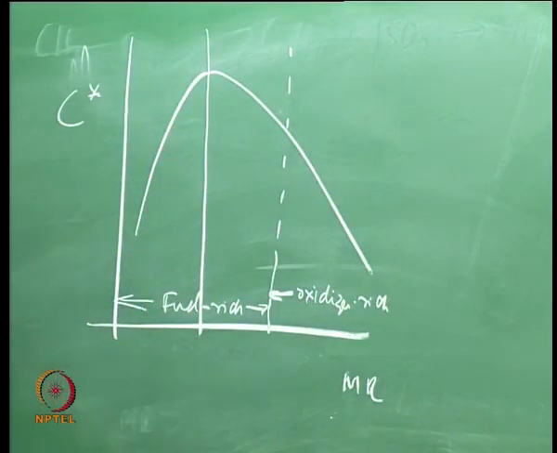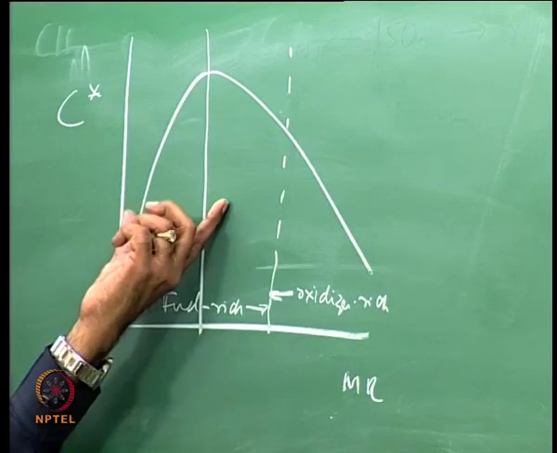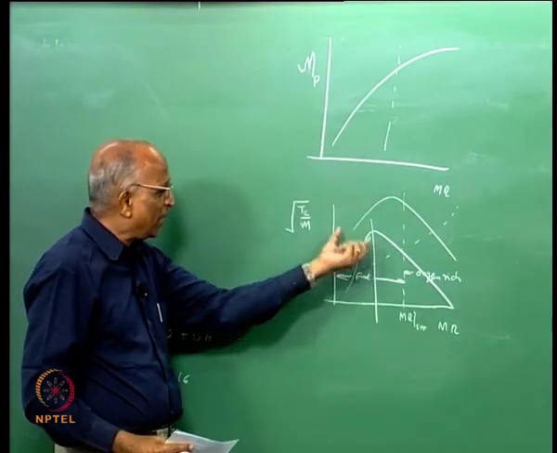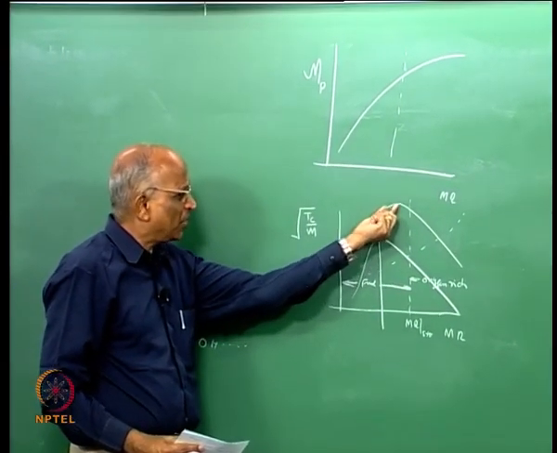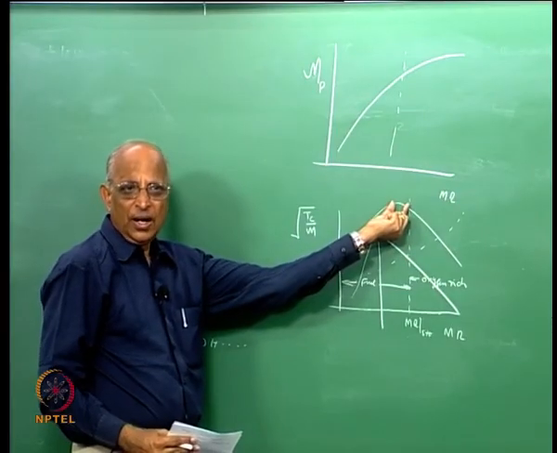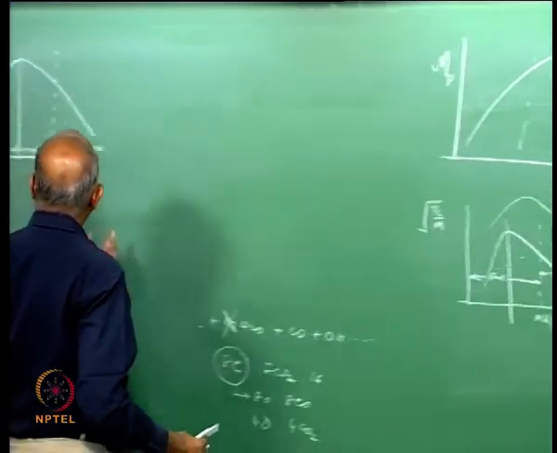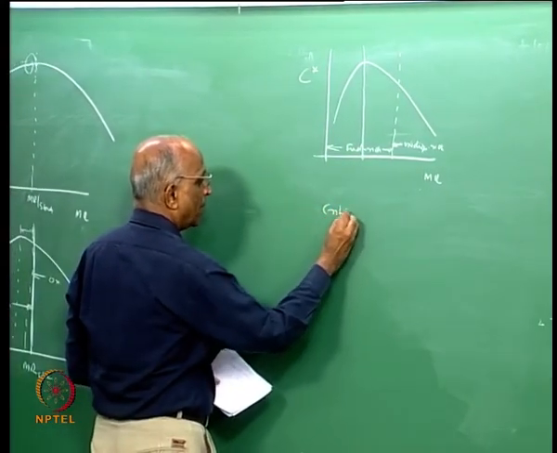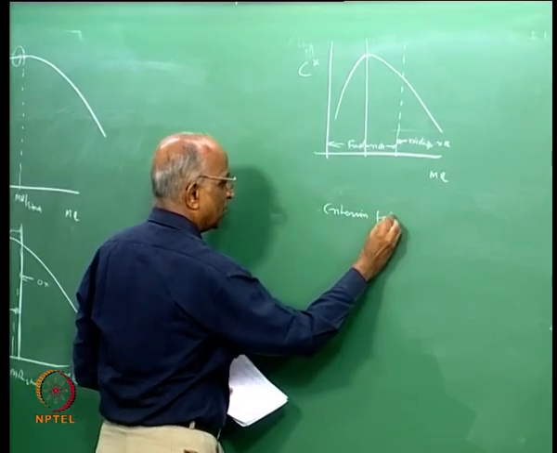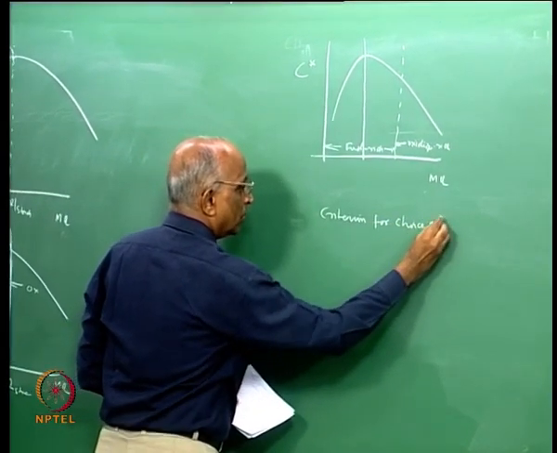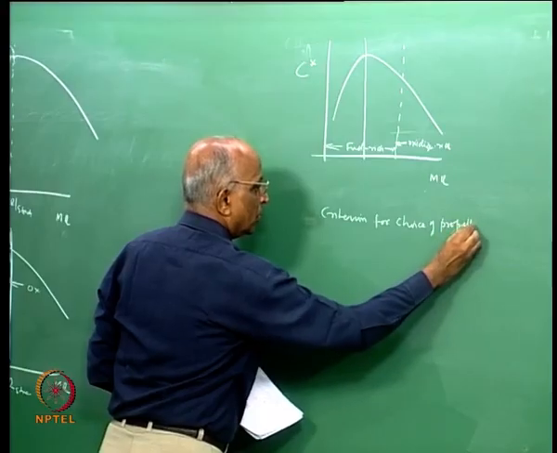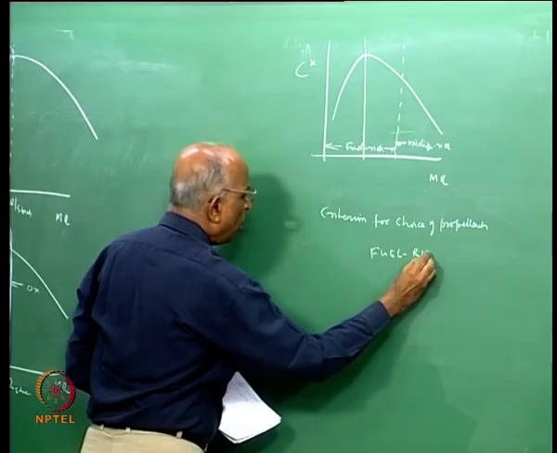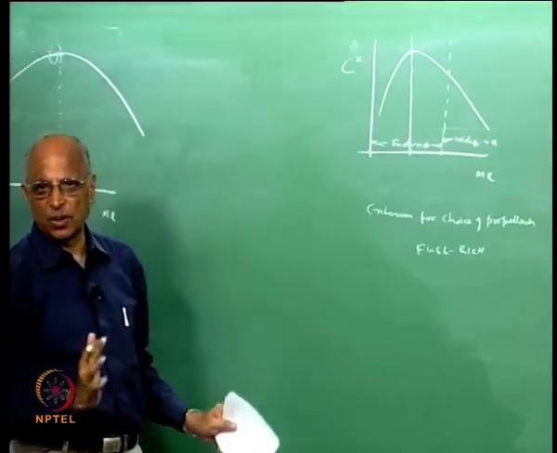Why is it higher on the fuel rich side? Because the molecular mass is smaller there. We also find that the maximum temperature occurs a little on the fuel side, and therefore the net effect is higher performance in the fuel rich region. So one of the criteria for choice of propellants is that the propellant must be fuel rich. All propellants used are fuel rich propellants.